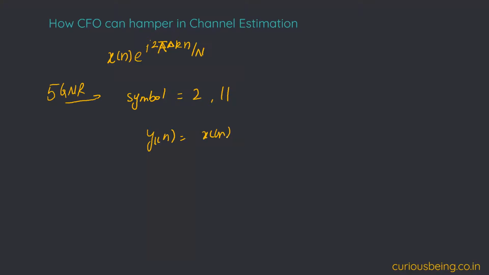this particular explanation also depends on how you are actually estimating your channel. Because the received signal phase depends on this n, it will be n equal to 2 in the first case, and for the second case it will be e to the j 2 pi delta k n 11 by N. What we do in channel estimation is divide by the reference symbol.